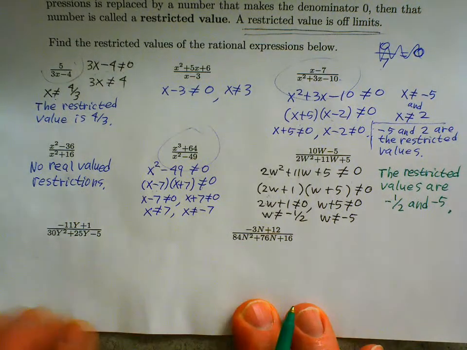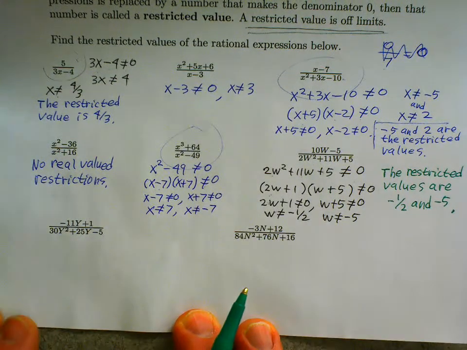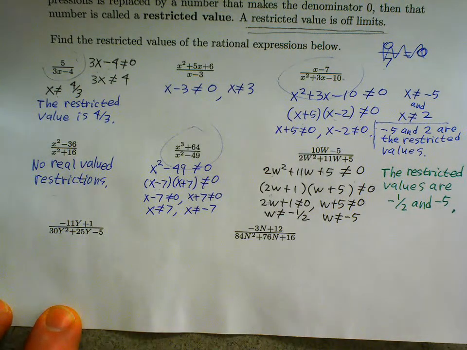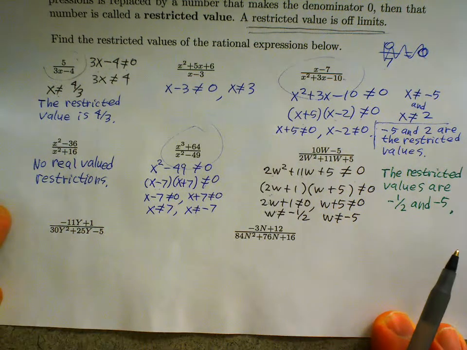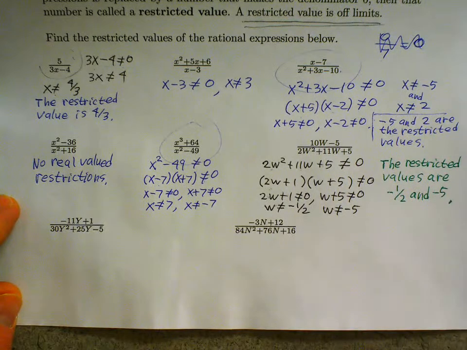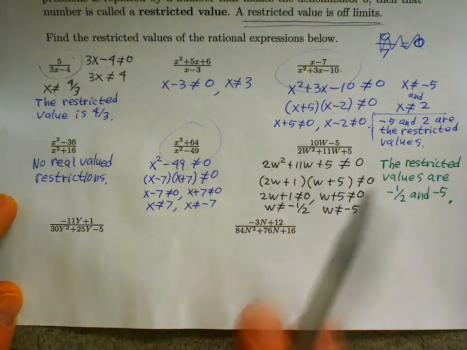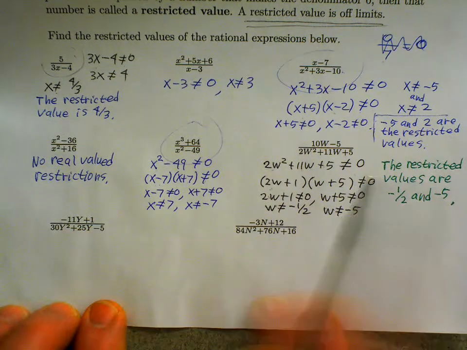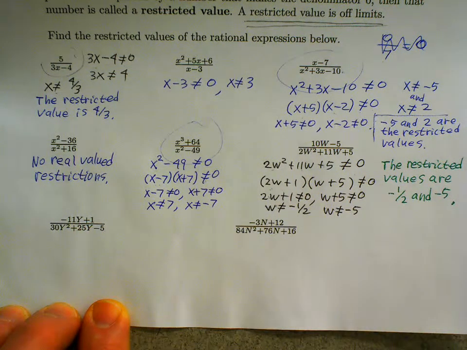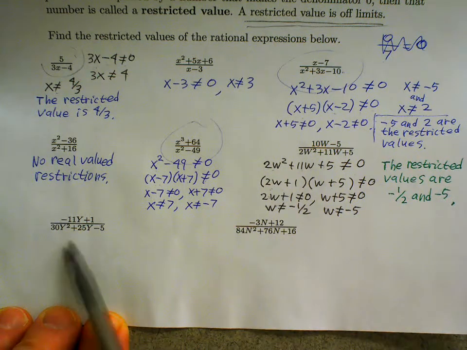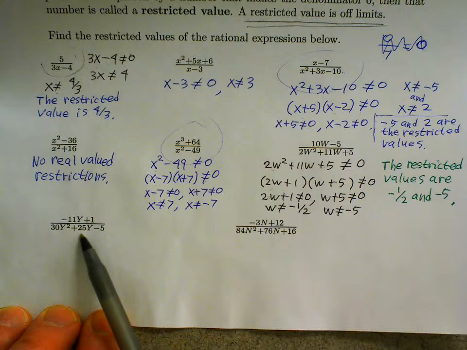Okay, let's try the next one. As you can see, not only are we learning something new about rational expressions, but we're just reviewing factoring in the process. So in algebra, factoring is one of the more useful tools to know. Okay, this rational expression, negative 11y plus 1 divided by 30y to the second plus 25y minus 5.